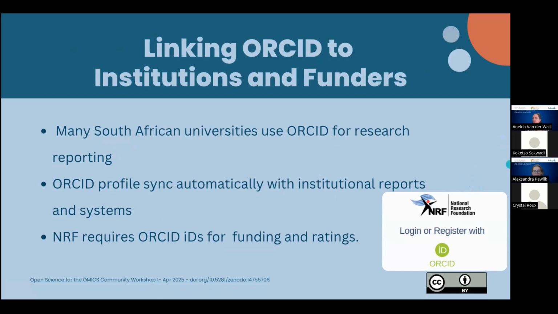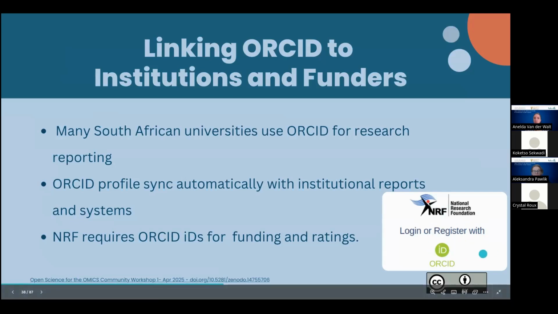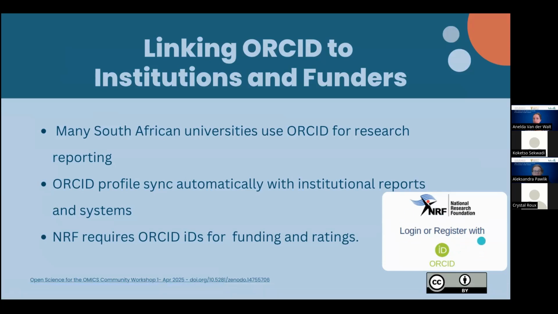Then we also said that you can link to other institutions and funders. The NRF, for example, you can log in or register with your ORCID ID. There are other ways that you can register as well or log in, but ORCID is one way for South African researchers who are logging into the NRF system. And then the same for your university. Different universities will make use of the ORCID profile in different ways if they are already connected to ORCID.